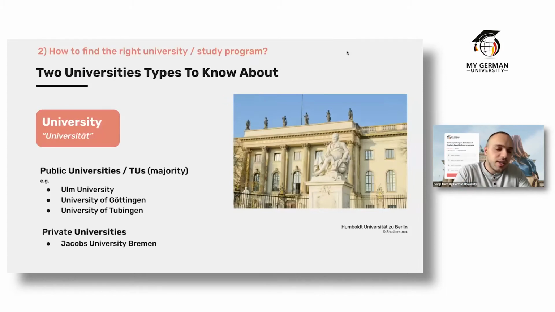Another thing that I would like you to know about is that there are basically two types of universities that I want you to have as a main takeaway from my presentation. The first type is the Universität type of university. When you go to our study finder, you will be able to control for programs in agriculture or ecology, which are offered only by this type of university.